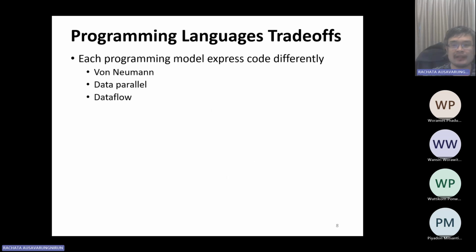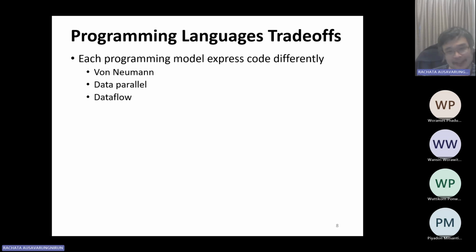These programming languages have trade-offs. Some of them are more friendly toward the von Neumann architecture or execution model. Some of them are more friendly toward data parallelism, that is, friendly toward the GPU. These are languages like CUDA. Also there are languages that are pretty well aligned with the data flow model, which are things like functional languages.